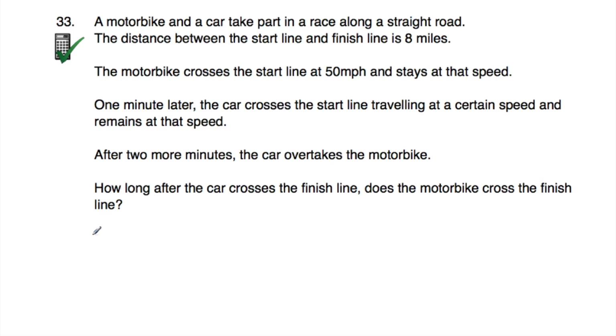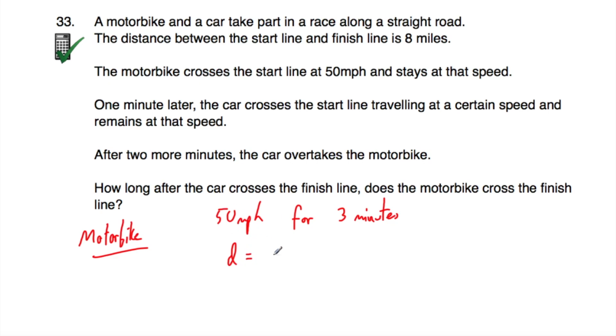Okay, so let's start off with the motorbike. We're going to concentrate on the fact that it was travelling at 50 miles per hour for 3 minutes whenever the car caught up with it. So let's work out how far it travelled in that time. The distance will be equal to the speed, which is 50 miles per hour, so 50, multiplied by the time taken. Now the time taken is 3 minutes.